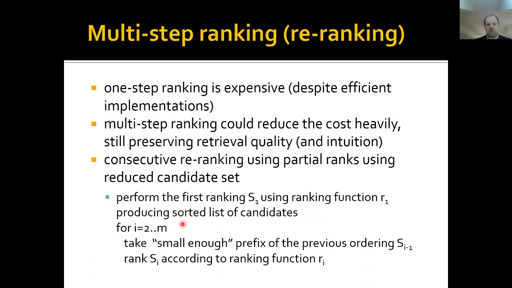Then we take just a smaller prefix of this ranking, and this smaller prefix goes to the next step, which is again taken as a database, re-ranked, and some smaller prefix is taken to the third, and so on until we get a small enough prefix, and that's the result. So this is really multi-step ranking.